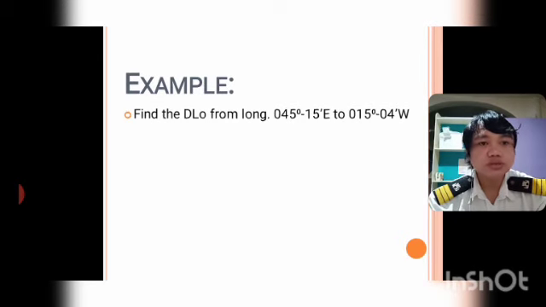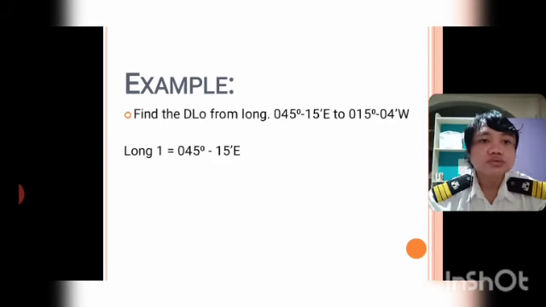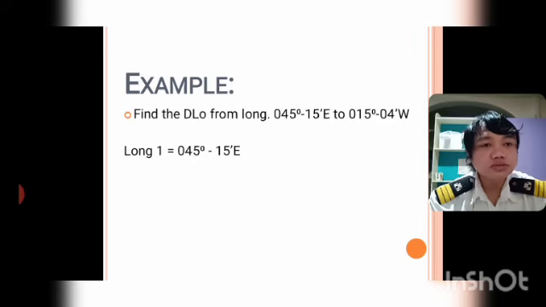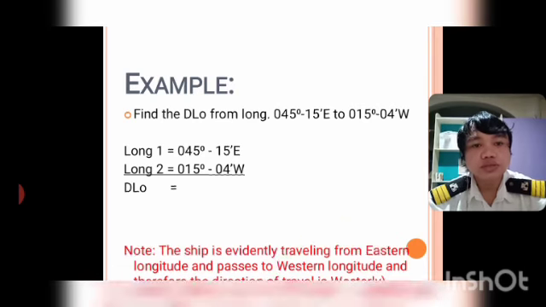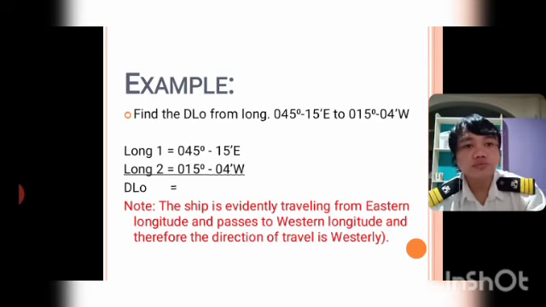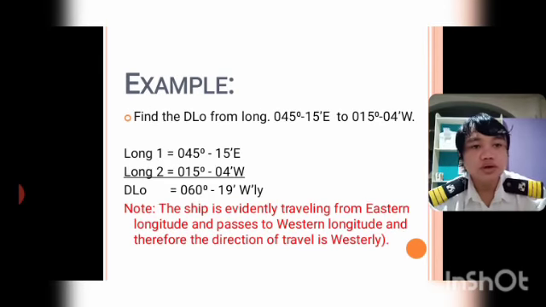So the longitude of departure is from the east and you are going towards the west. So you just need to add these two because it came from the different sides of the meridian, or prime meridian. Okay, so you just need to add these two, and of course the direction will be on the westerly direction.